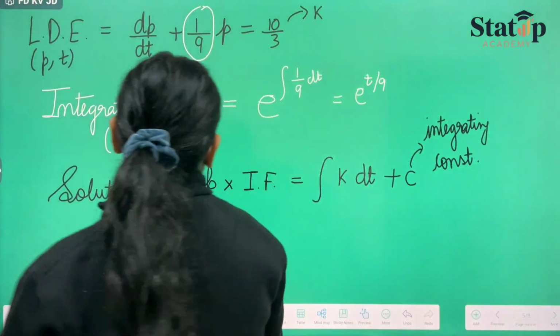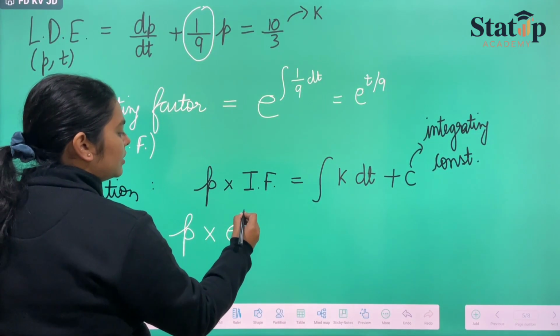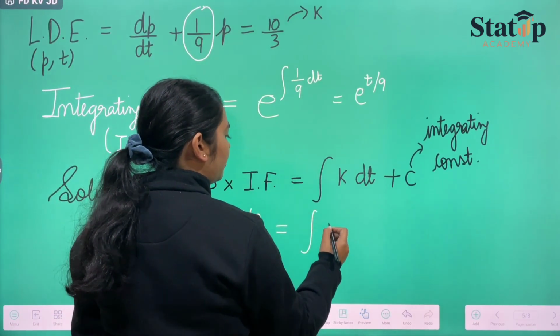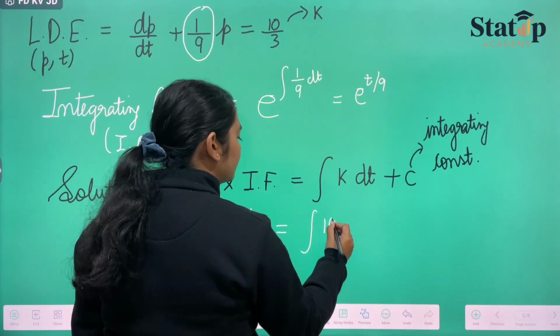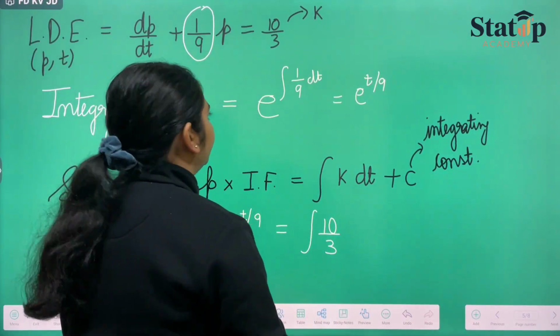So solving this equation, p into integrating factor is nothing but e raised to the power t upon 9 equals to integration of k. K is 10 by 3 into dt.